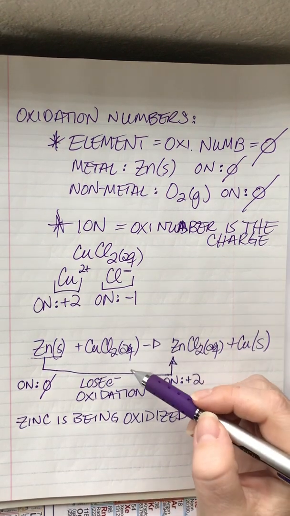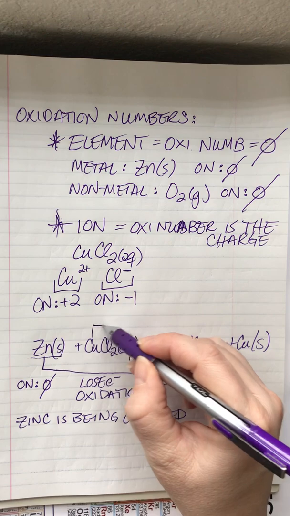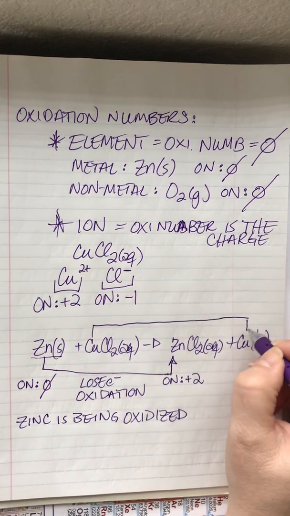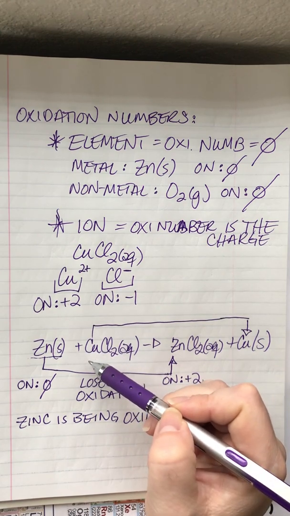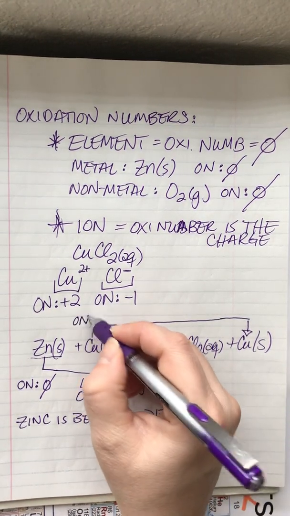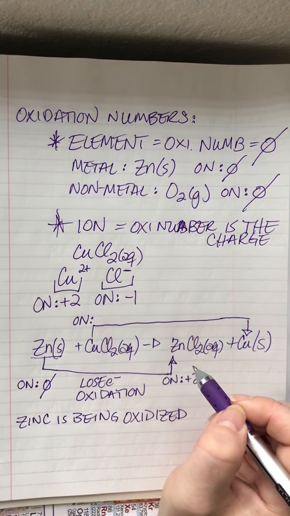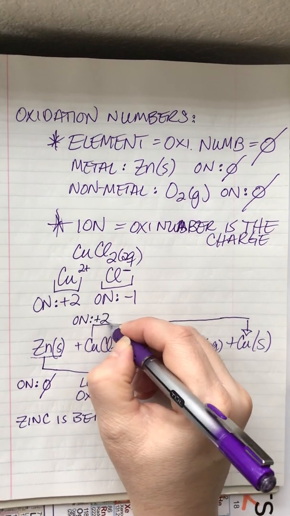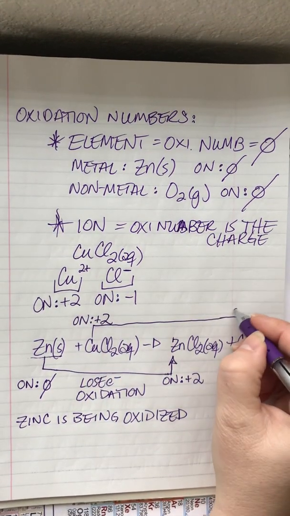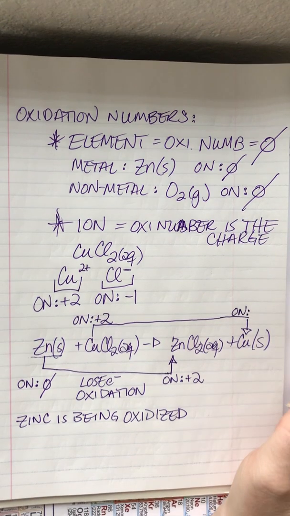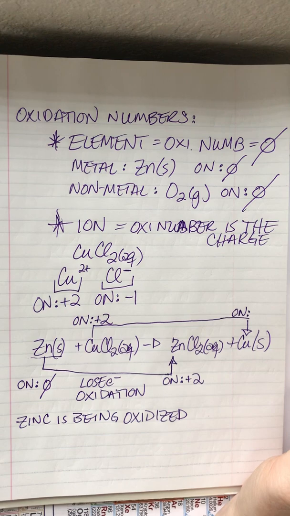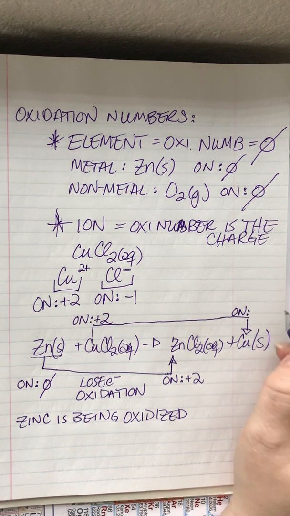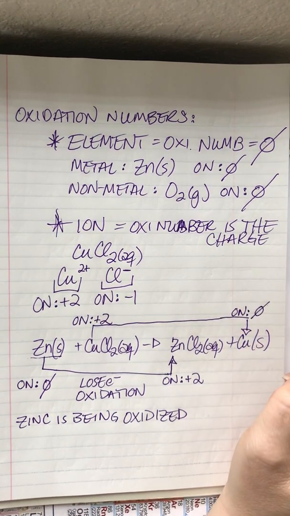All right, so now let's look at copper. Copper over here starts out with what oxidation number? +2, exactly. And over here, what's the oxidation number? Zero, because it's in its elemental form.